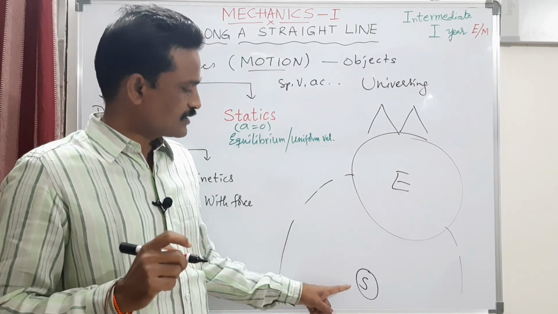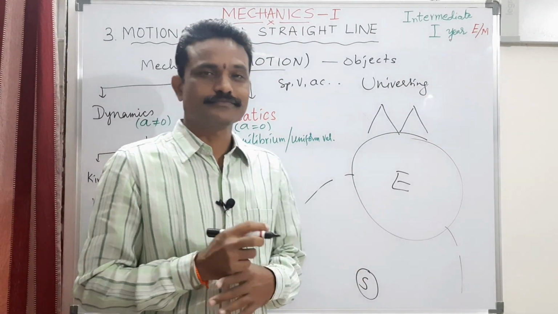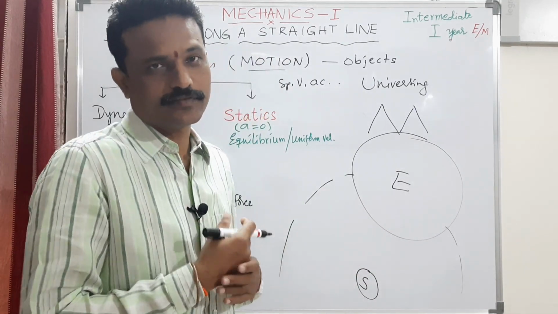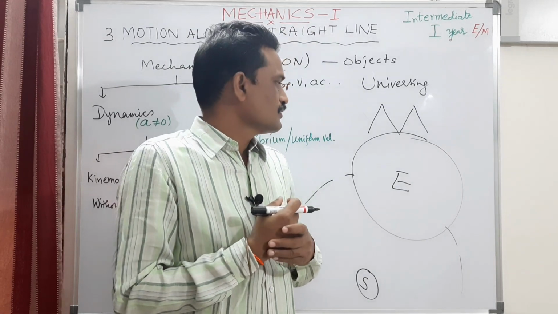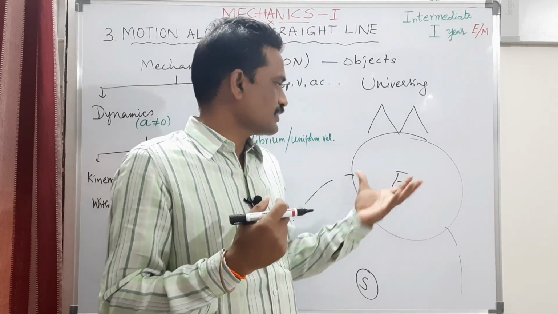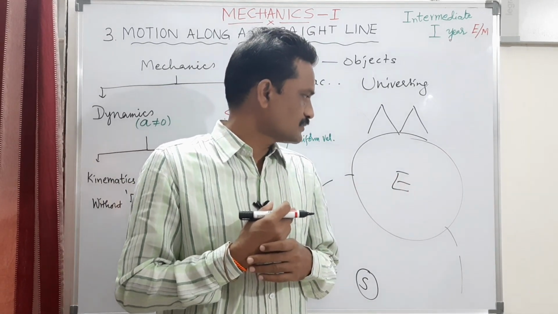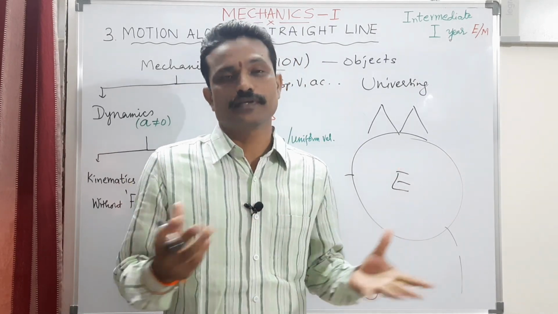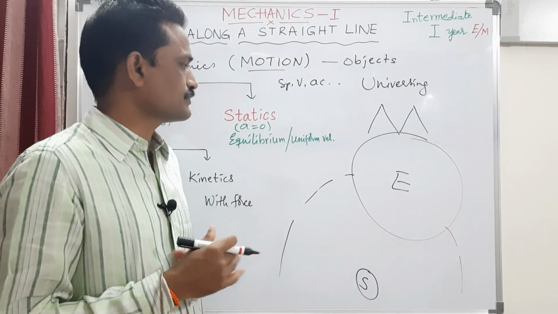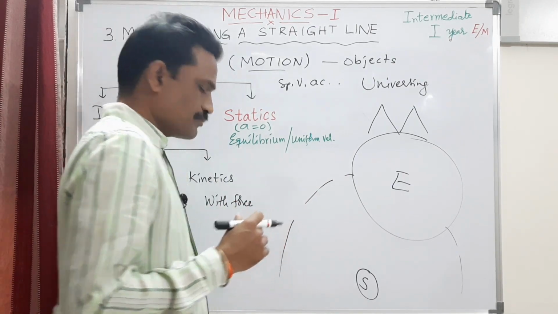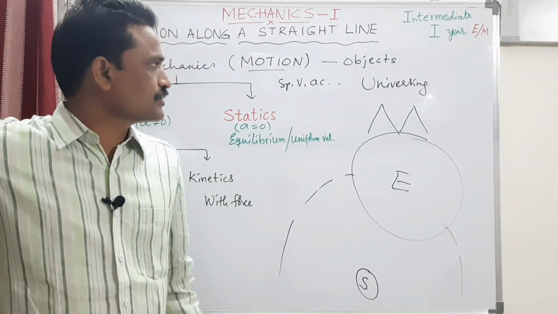This Milky Way galaxy is also not at rest. Even that is also moving with respect to other galaxies. Even on the earth, we have tectonic plates, they are also moving. So everything is moving. There is nothing at rest. Both motion and rest are relative terms.